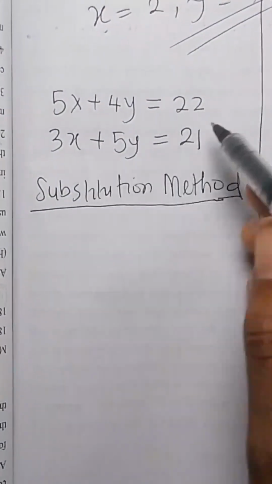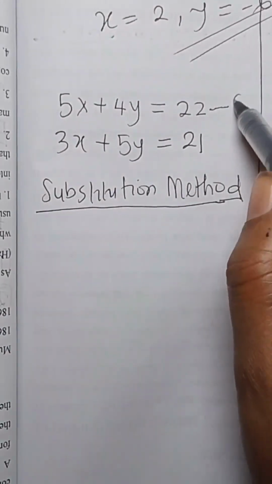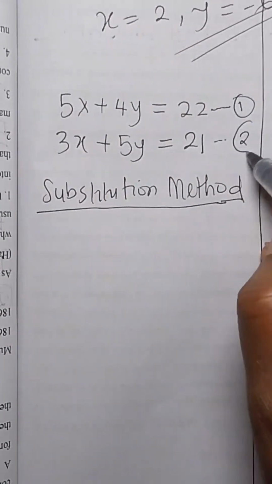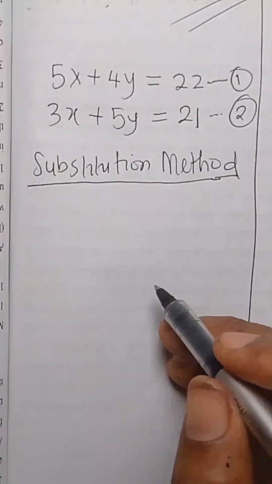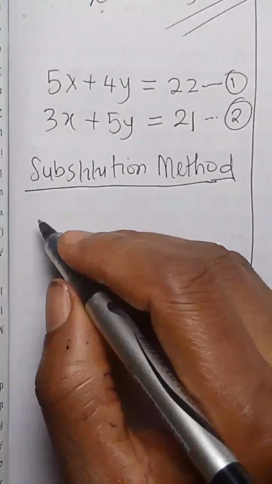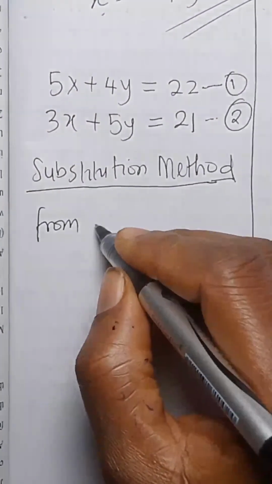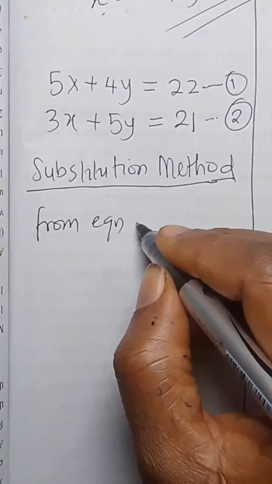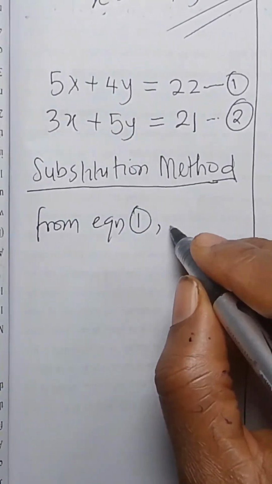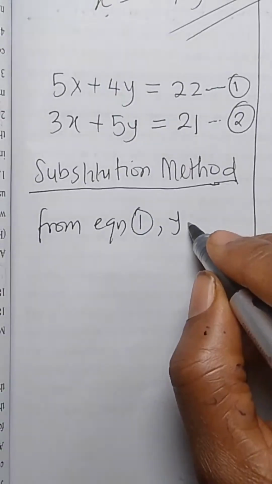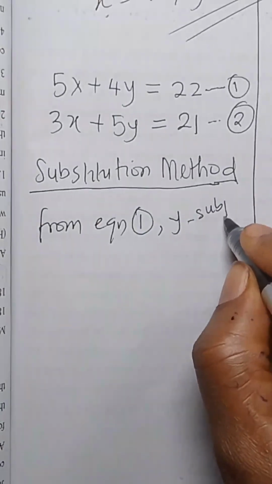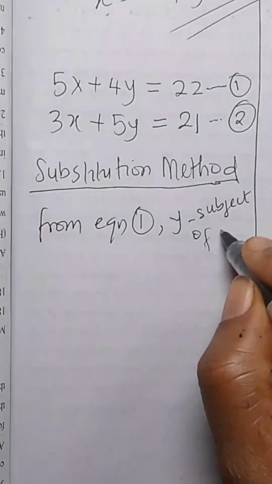Now we are going to name our equations. This is 1, this is 2. From equation 1, we are going to make y the subject of the formula.